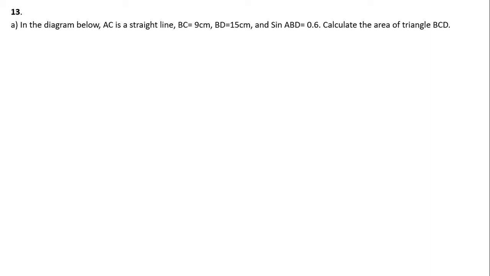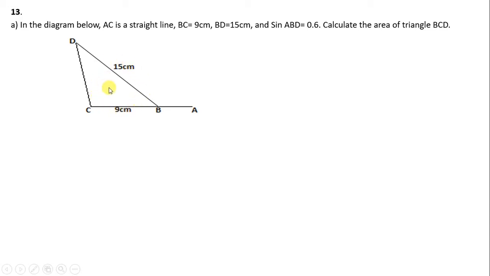Question 13 is saying in the diagram below, AC is a straight line, BC is equals to 9 centimeters, BD is equals to 15 centimeters, and sine ABD is equals to 0.6. Calculate the area of the triangle BCD. Now, when you are given a triangle, you should identify whether it's a right angled triangle or it is not.